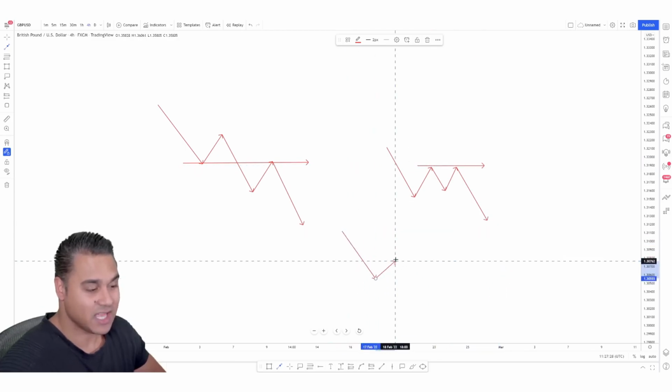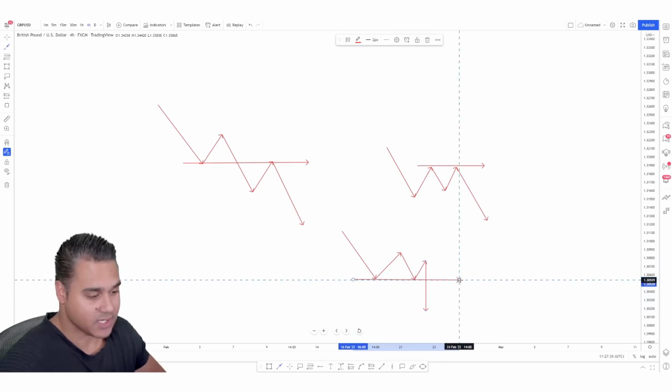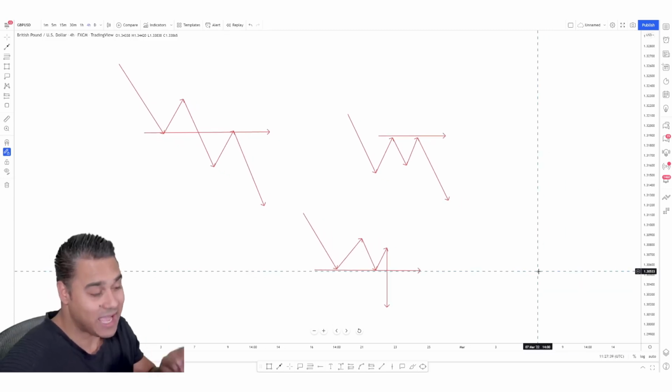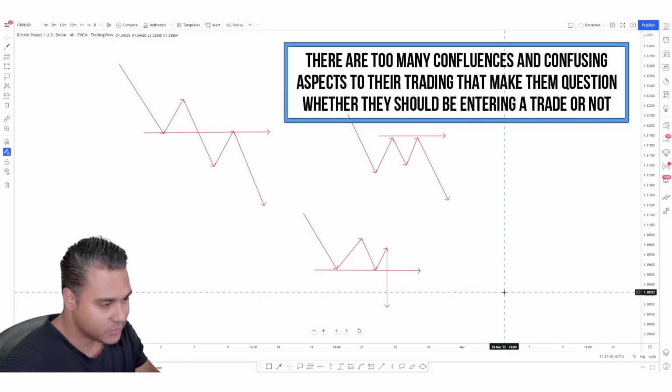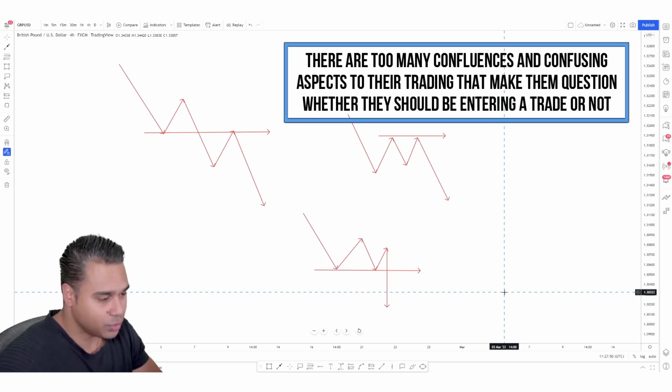There are strategies that require you to look for certain patterns with momentum, which we call breakout trades. Now, one thing that traders struggle with the most is not the fact that they cannot trade. It's the simple fact that there are too many confluences and confusing aspects to their trading that make them question whether they should be entering a trade or not.